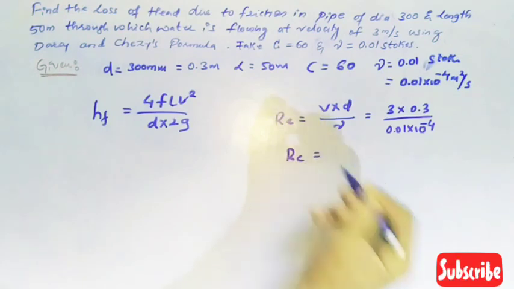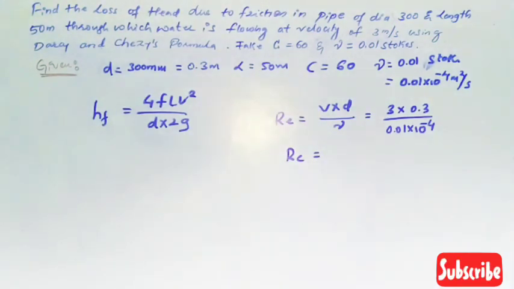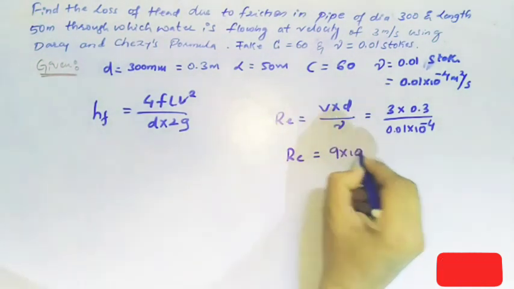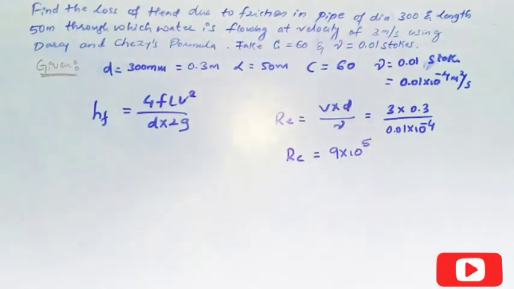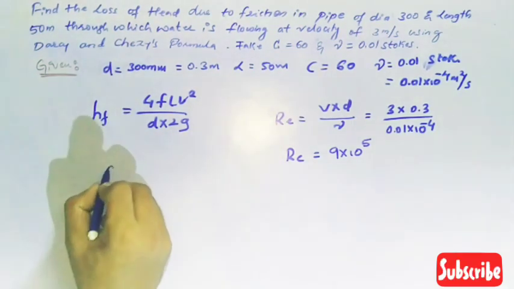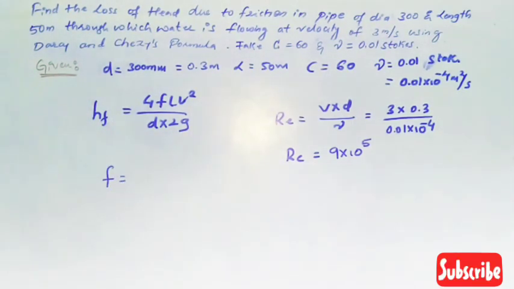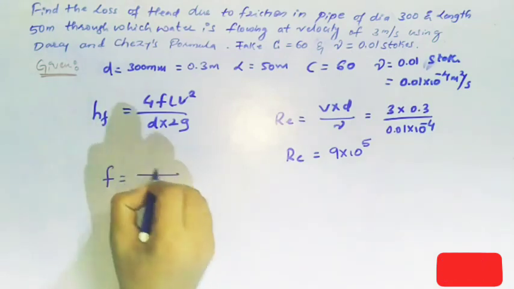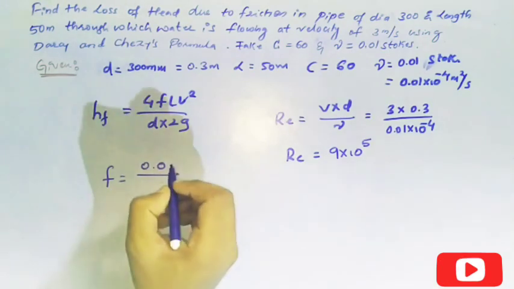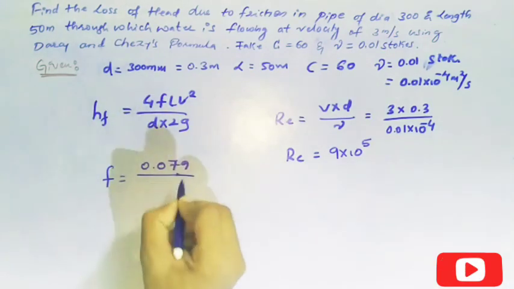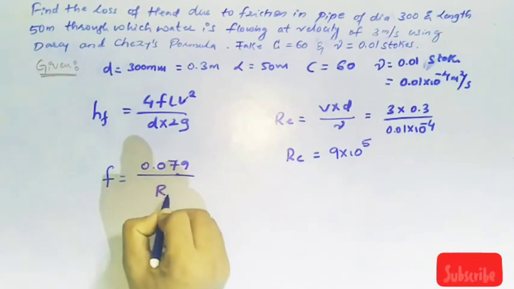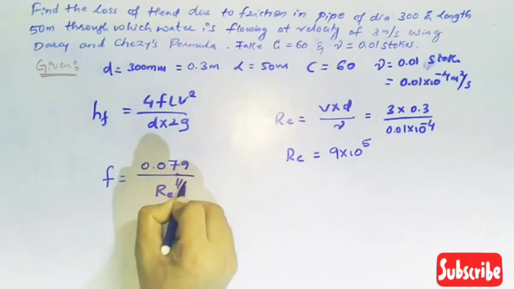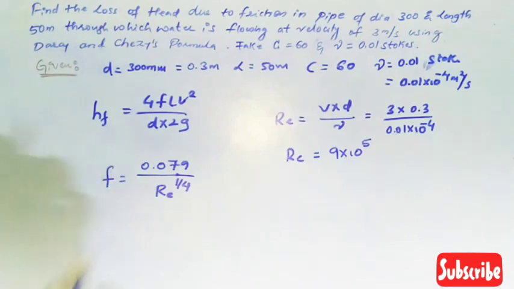So now Reynolds number will be equal to 9 into 10 raised to 5. Now for this value we can identify the friction factor by using this Re. We have an equation, that is f equals 0.079 divided by Re raised to 1 by 4, to identify the coefficient of friction f.